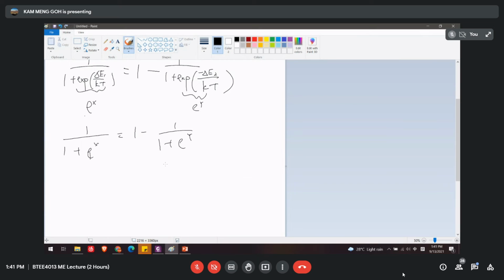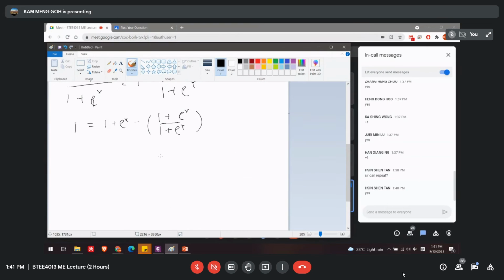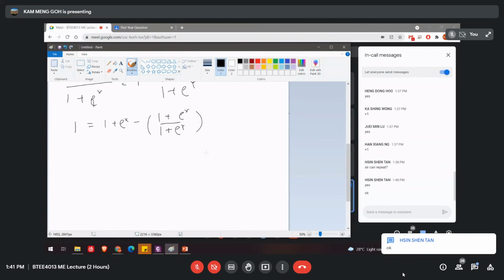Okay, then we try to expand this formula. We might try to move this above first. Everything multiplied by 1 plus ES, the whole formula. So this will be 1 plus ES minus 1 plus ES, 1 plus EY. Okay, transition, this part okay? Clear?